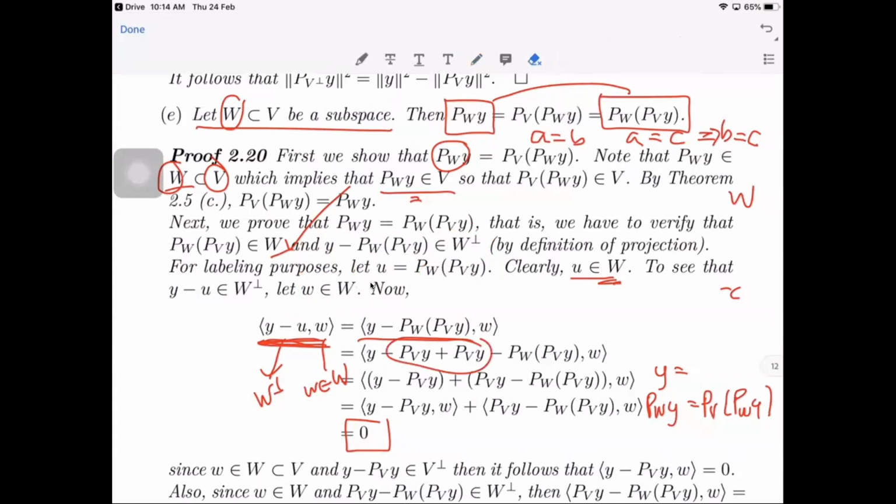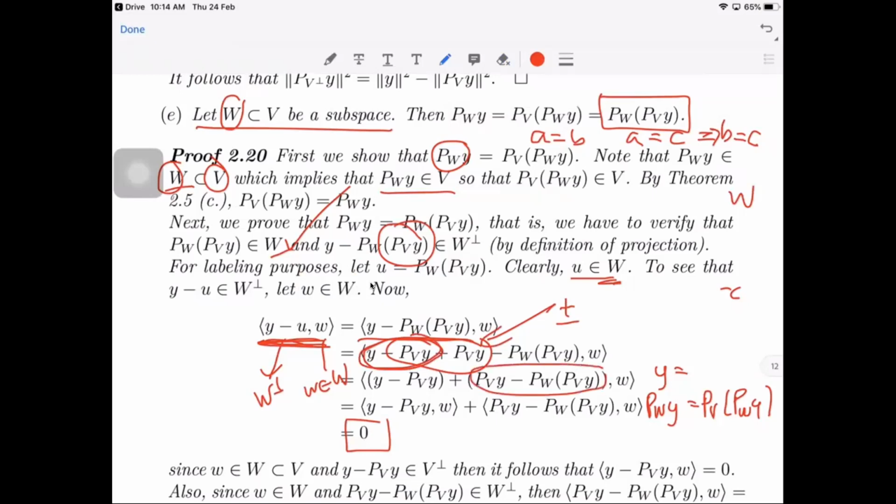Function man siya of kini. So add and subtract, plus minus. And then groupings. One is this, the other one is this. And then distribute that. Okay, so why is this 0 now?